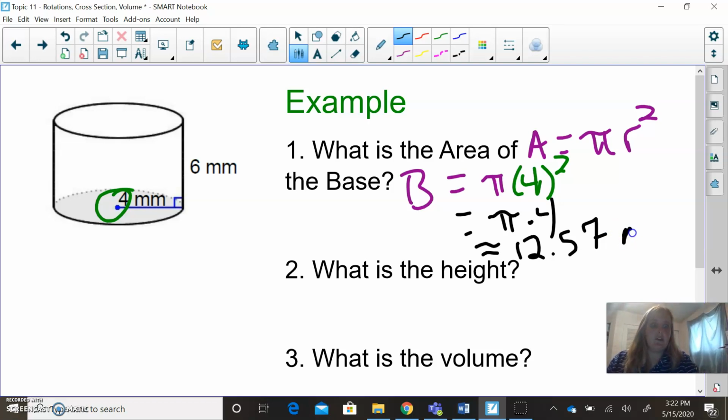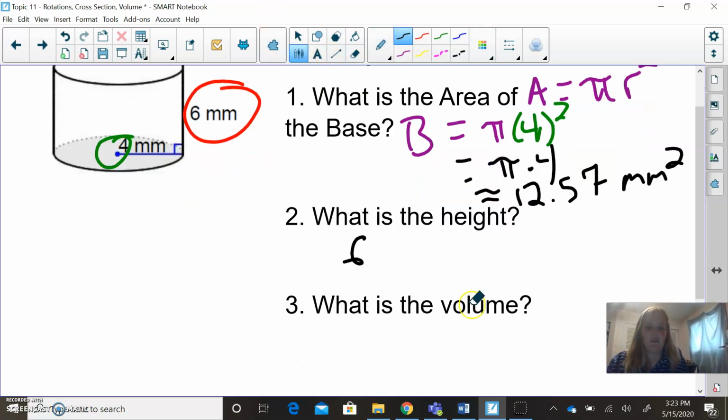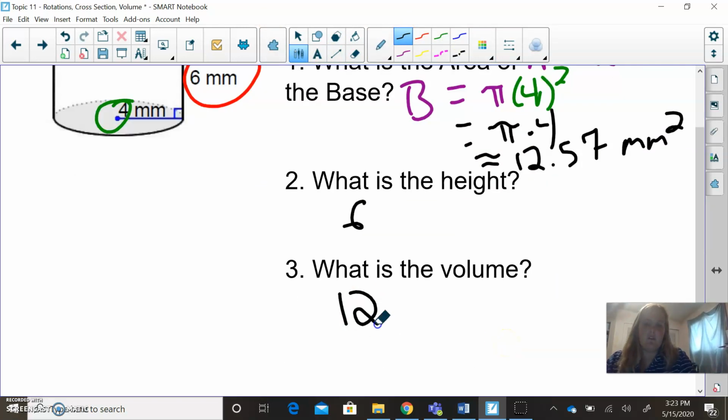And that is millimeters squared. Millimeters squared. That's our area of the base, right? So, what is the height? The height is 6. I pulled that from there. So then we're just going to take the 12.57 and multiply it by 6.